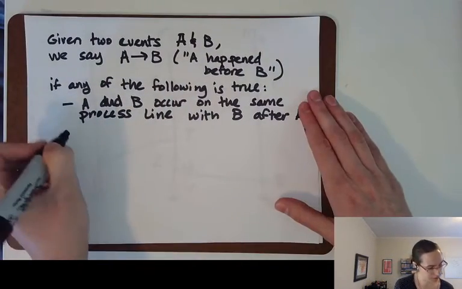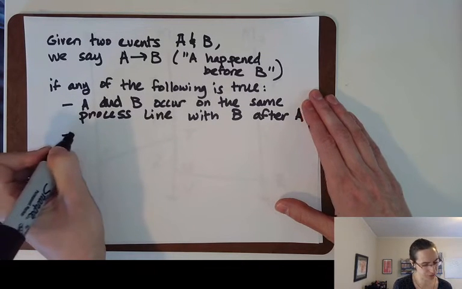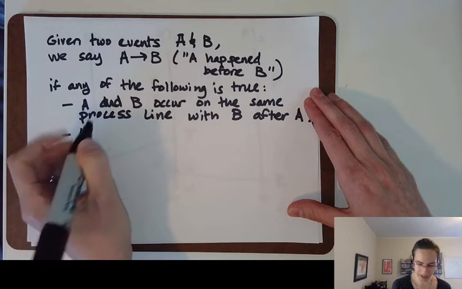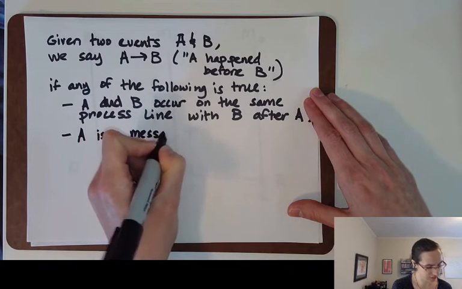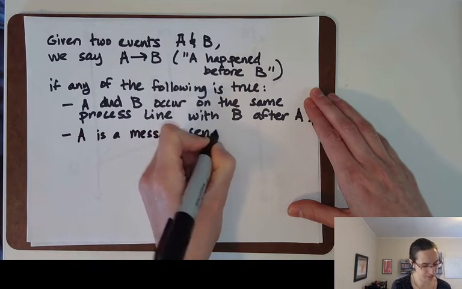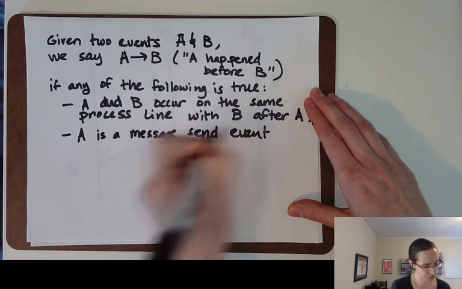So for the next part of our definition, we can say A is a message send event, and B is the corresponding receive.